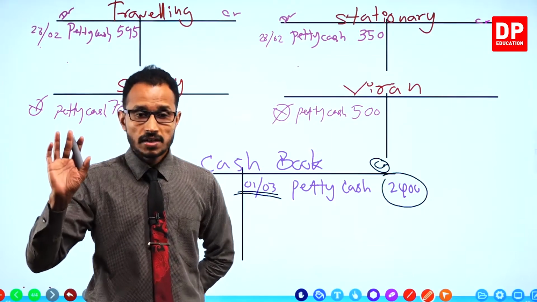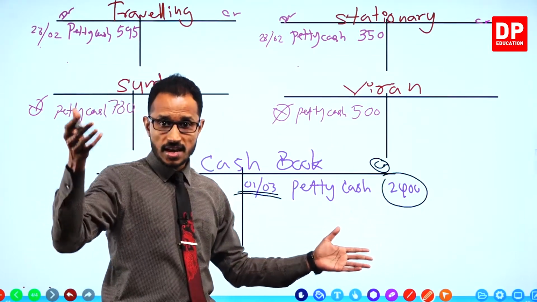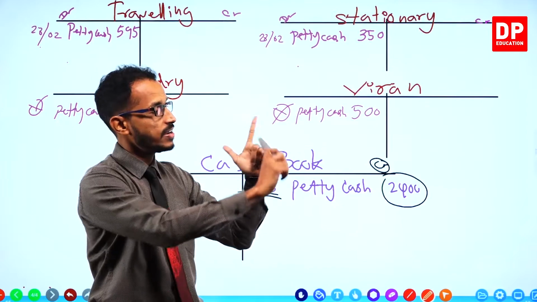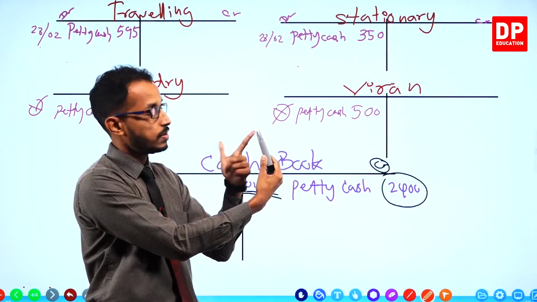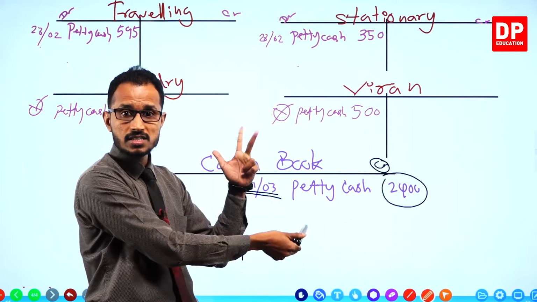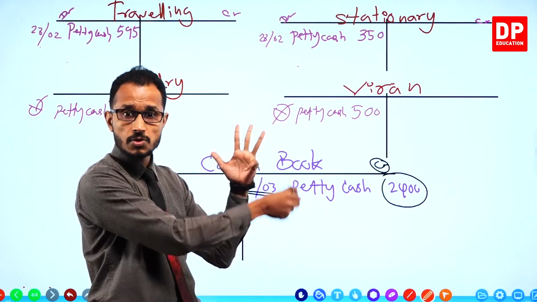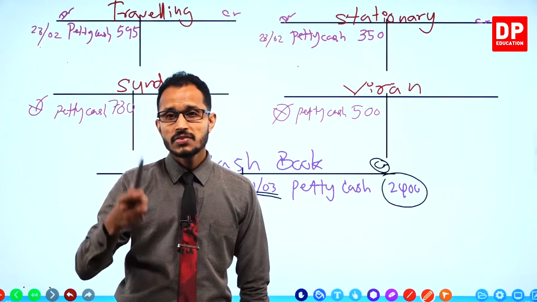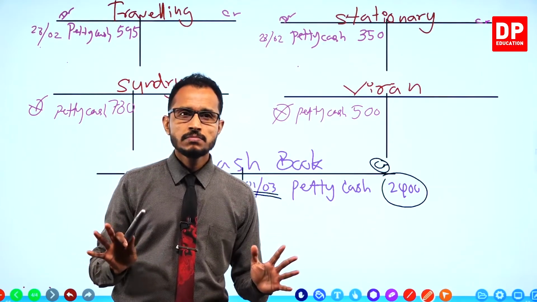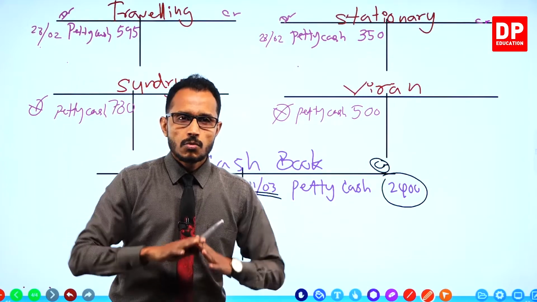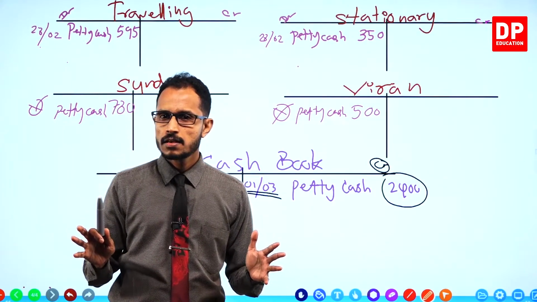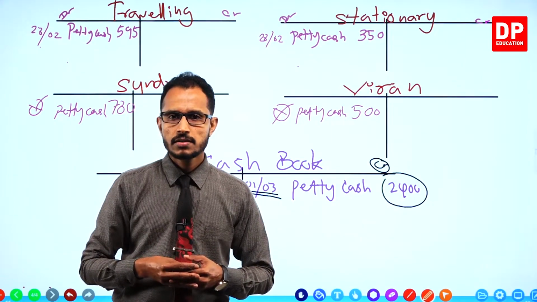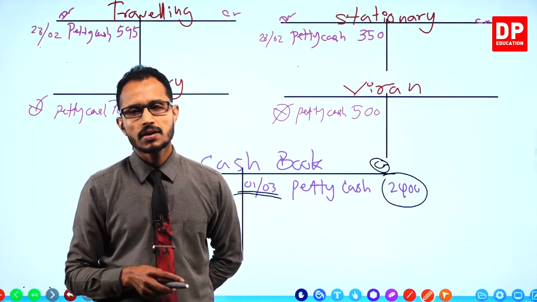But the knowledge of preparing the petty cash book, how the analysis columns are divided, how the reimbursement is made, how the balance is carried down and brought forward, the overall knowledge will be important to you. Even in the MCQ paper, you will get more than 5 questions from this part, in the first paper and the second paper.